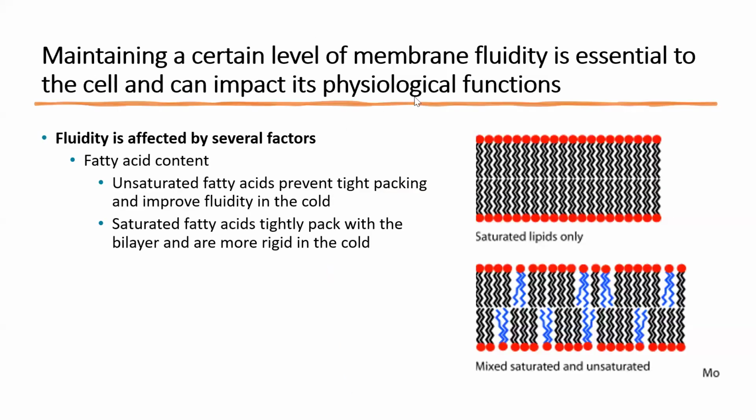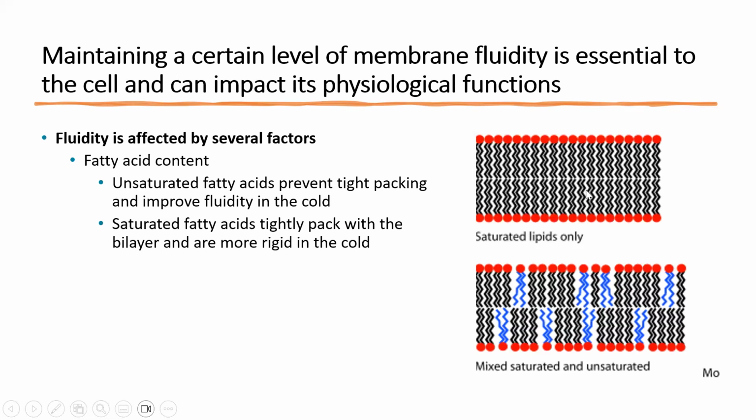Now, this fluidity is important for physiology, and it's going to be largely determined by the type of phospholipid fatty acids that are in that membrane, right? So your saturated fatty acids up here, if you remember, have no double bonds, and they can be tightly packed.